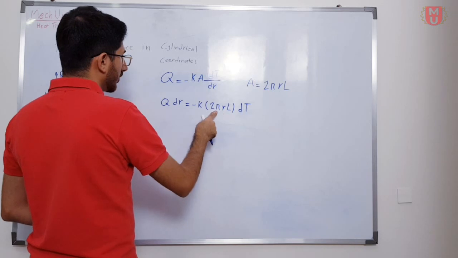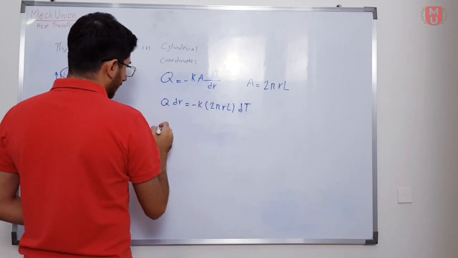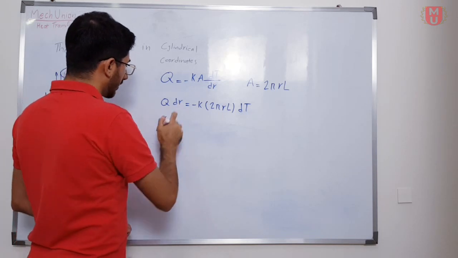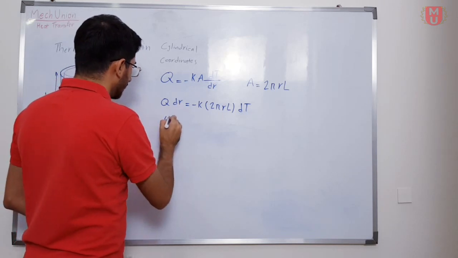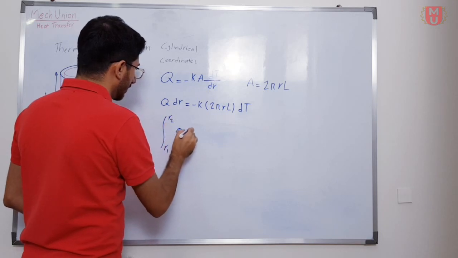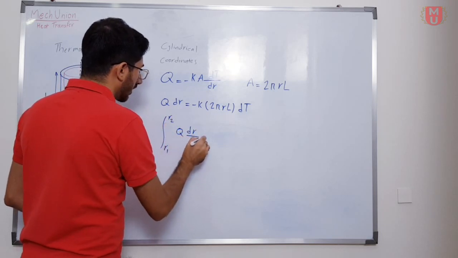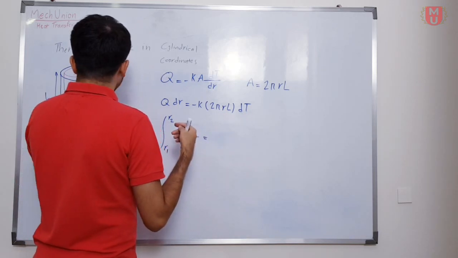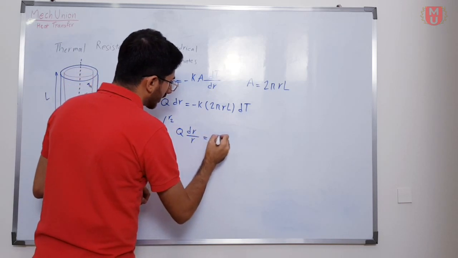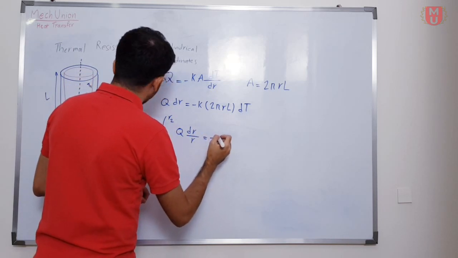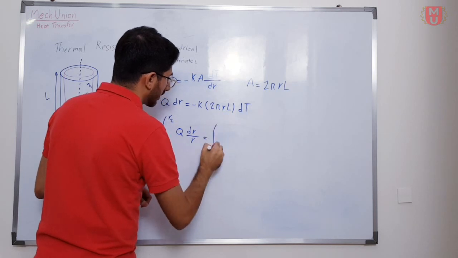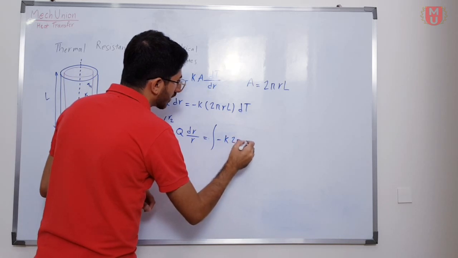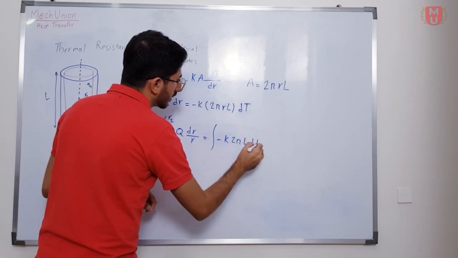Okay, I move this r here and begin integrating. It's r, so I put r1 to r2, Q dr over r. It's T, so I put T1 to T2, minus k 2 pi L dT.